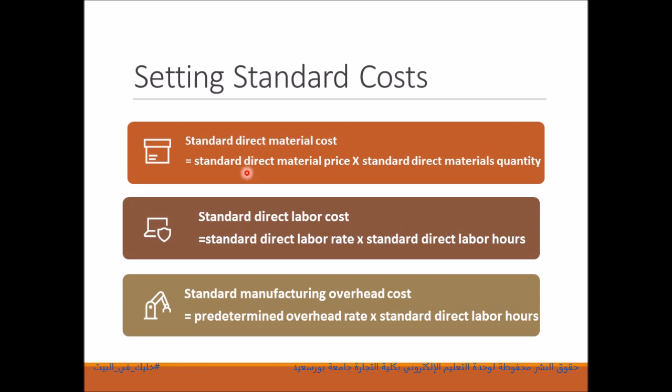Standard cost of raw material can be obtained by multiplying standard quantity of raw material required to produce a single product unit by the standard price per direct material unit.